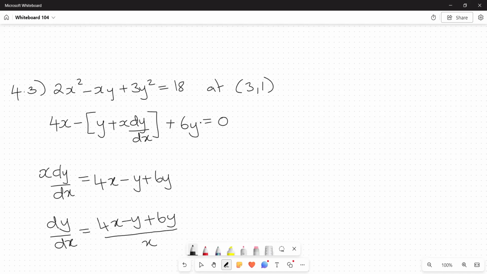I see here, I got something wrong. My bad. The 6y term has dy/dx, so that changes.